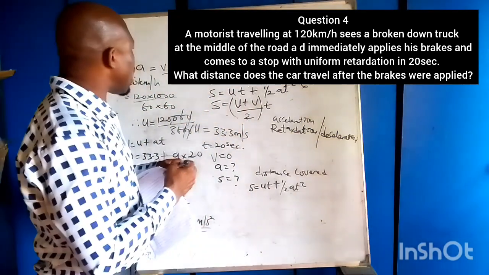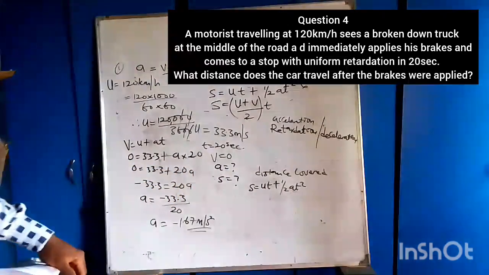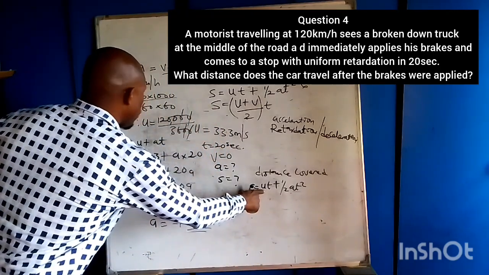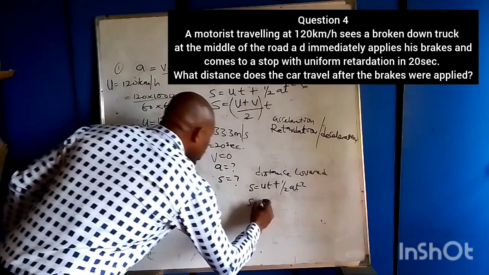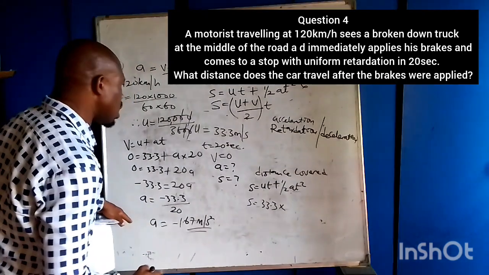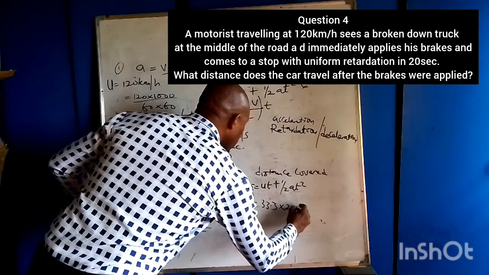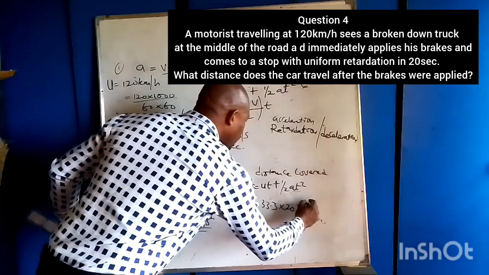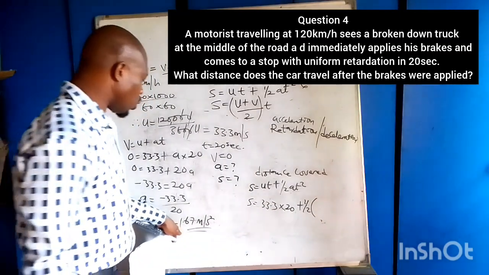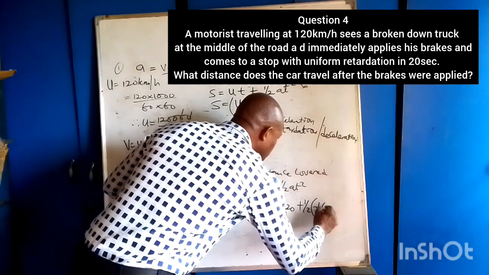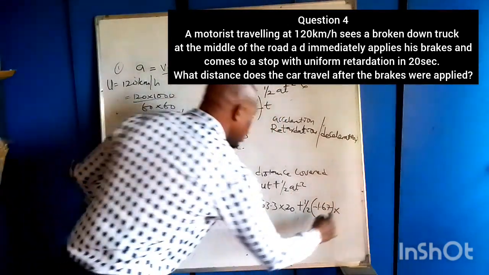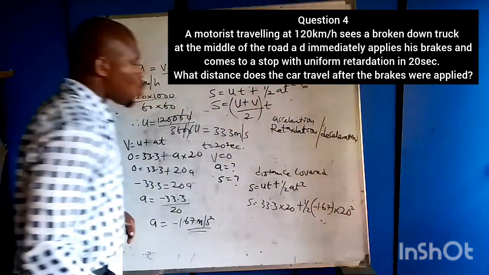Using this, we substitute: S equals U, which is 33.3, times T, T is 20, plus half into A. A, of course, is minus 1.67, multiplied by T squared, 20 squared.